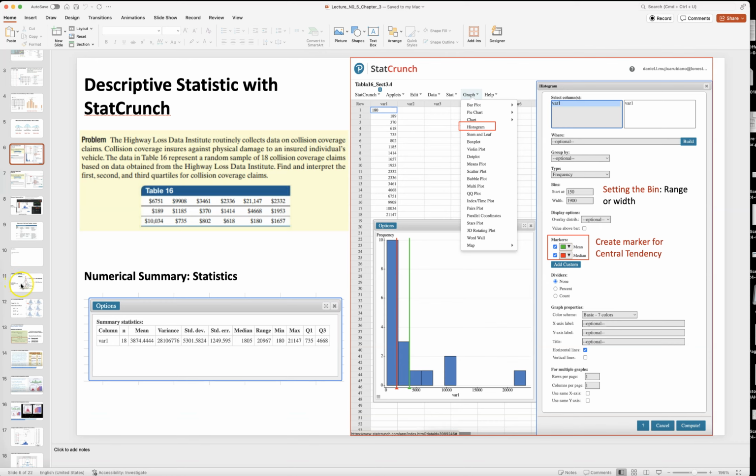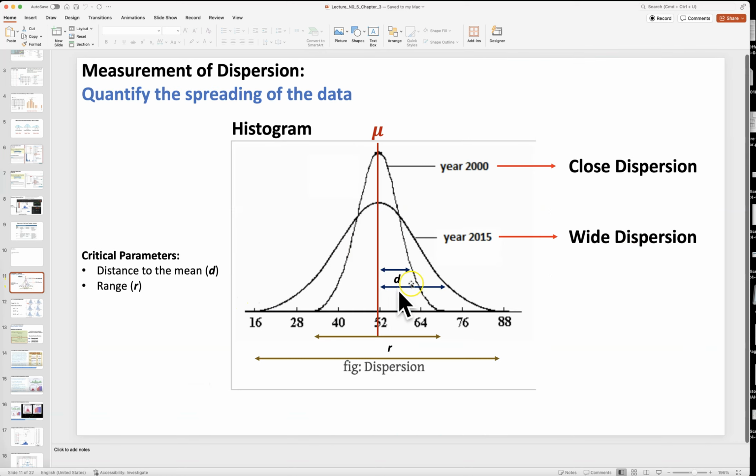So remember this graph because this is very didactic, okay? If the data spreads more from the mean, the data is more spread out compared to probably another set of data. So the dispersion is greater, is larger.